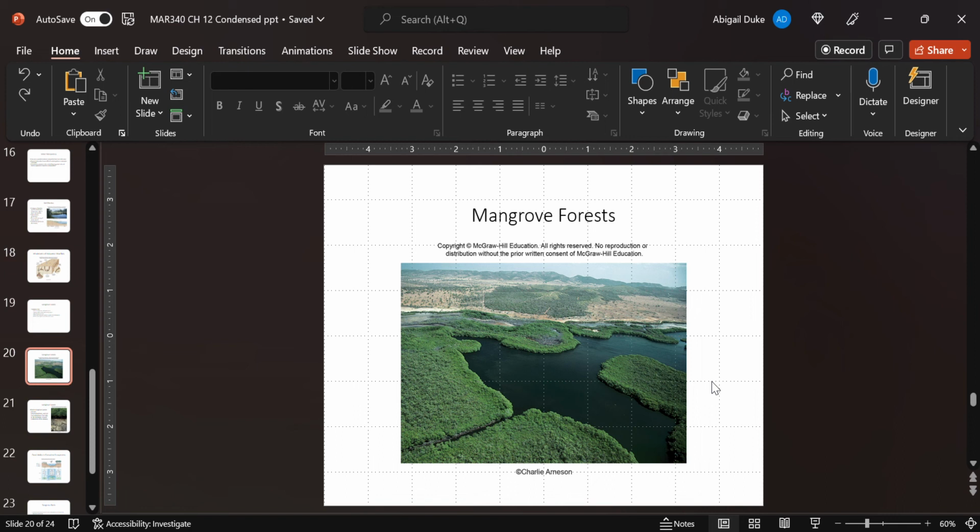This is found on page 289. It is figure 12.17. It says aerial view of mangrove forest on the southern coast of Puerto Rico. The outer seaward edge of the forest is dominated by the red mangrove, and there's a scientific name. I'm not going to read that.